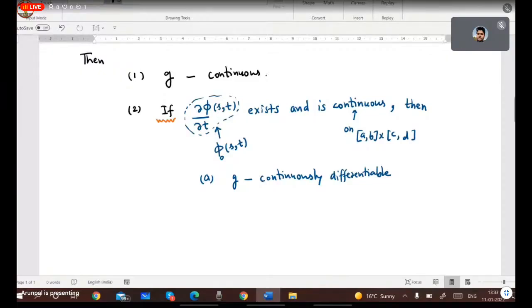So this is understood that we are talking of continuity of G there. But if you want to write, you can write it for the sake of clarity, because I don't want any confusion, on c comma d. And likewise, it is continuously differentiable on again c comma d certainly.